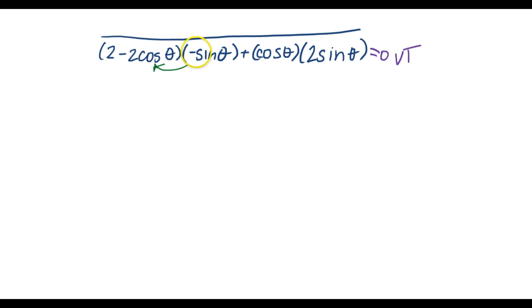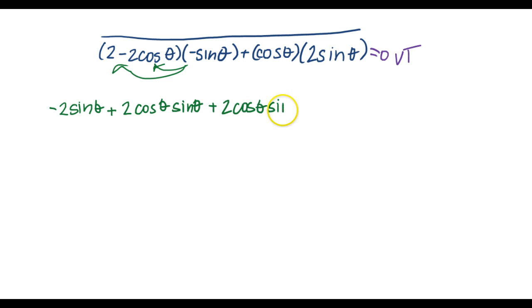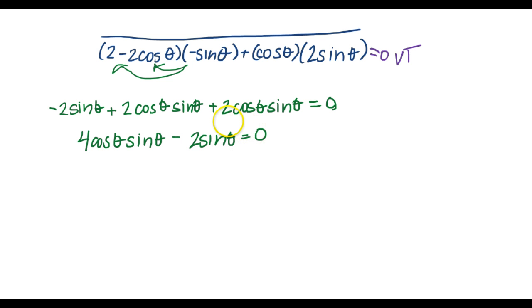We're going to need to distribute this negative sine theta into both. So we're going to need negative 2 sine theta, and then plus 2 cosine theta sine theta, plus 2 cosine theta sine theta is going to need to equal 0. So these two are like terms, so it's going to become 4 cosine theta sine theta minus 2 sine theta equals 0.